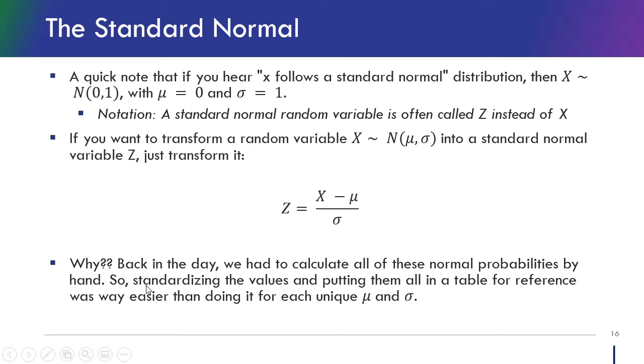So standardizing the values and putting them in a table, only one table for this standard normal distribution, would be way easier compared to doing it for each mu and sigma pair. So this is what a standard normal distribution is. It is just a normal distribution with mean 0 and standard deviation 1, it's often called Z, and this is how you standardize a random variable.